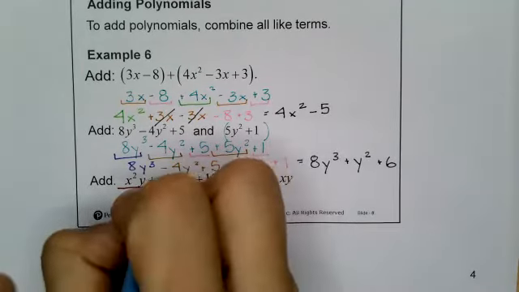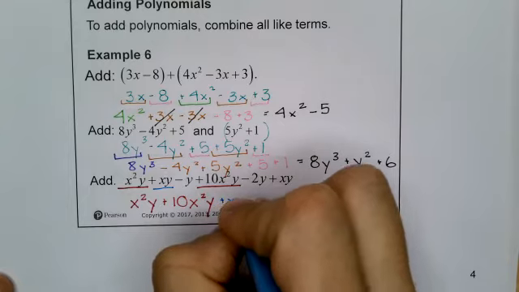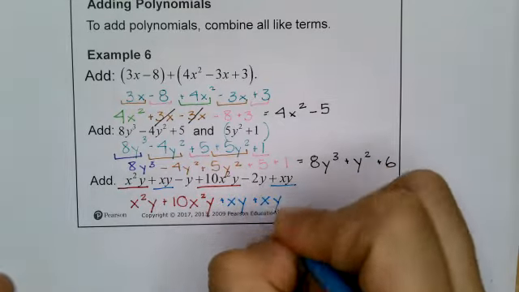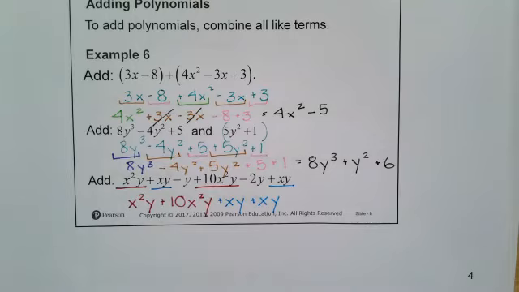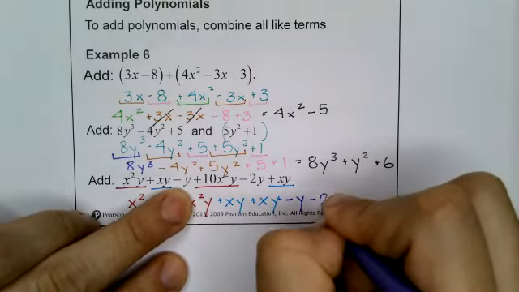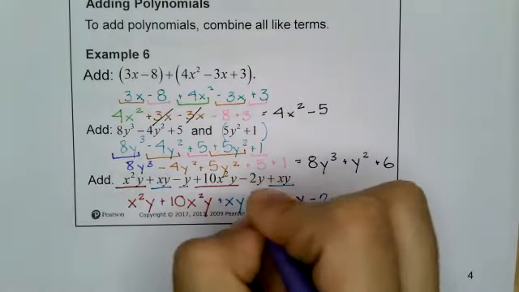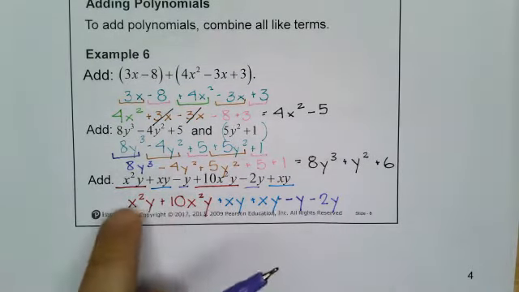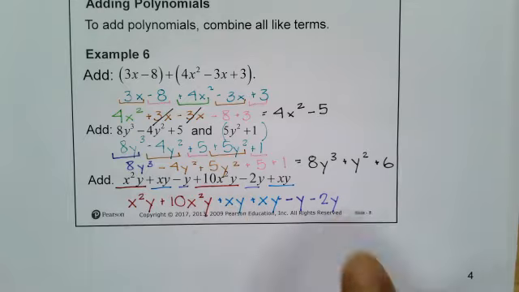Then we have positive xy plus xy, minus y minus 2y. Again, you can count the terms: 1, 2, 3, 4, 5, 6. 1, 2, 3, 4, 5, 6.